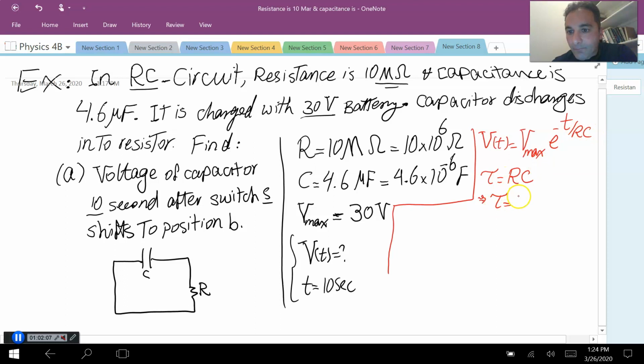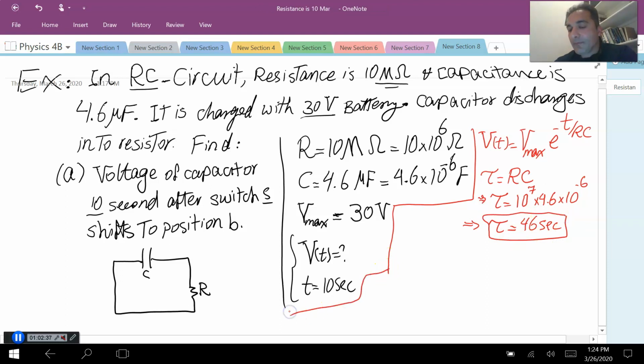R is 10 to the power of 7 times C is 4.6 times 10 to negative 6, correct? So tau will be 46 seconds, correct?